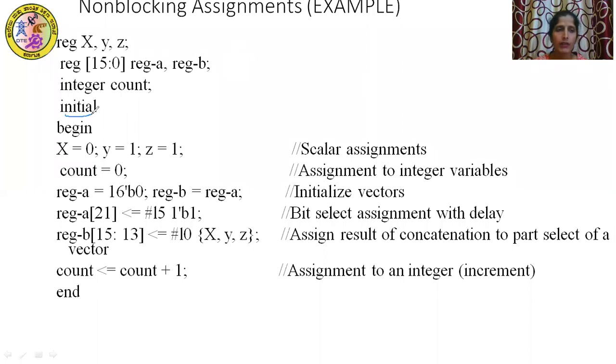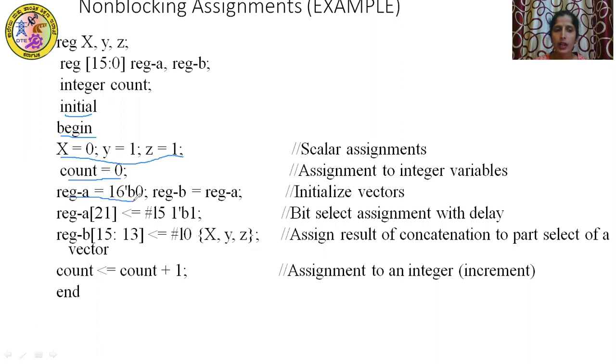We have used the keyword initial, and when we have more than one statement, we need to enclose them between begin and end. So we have some set of statements: x equal to 0, y equal to 1, and z equal to 1. Count is equal to 0.